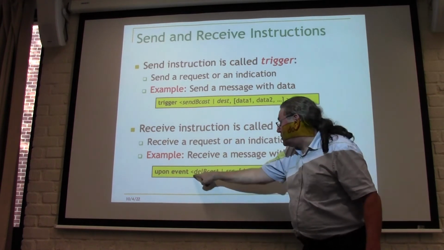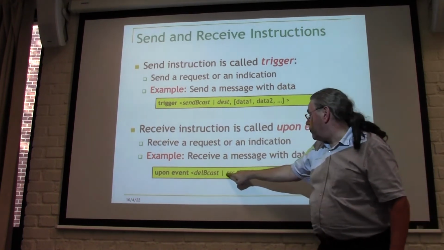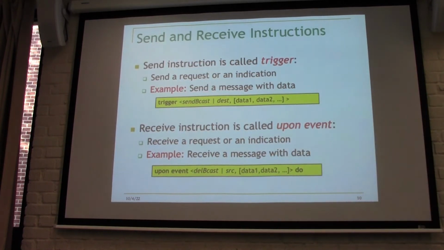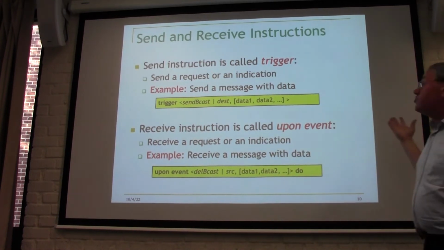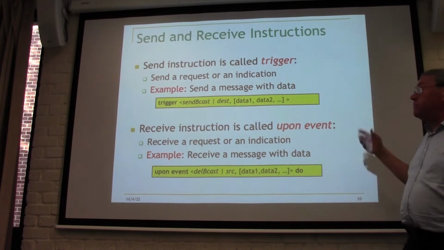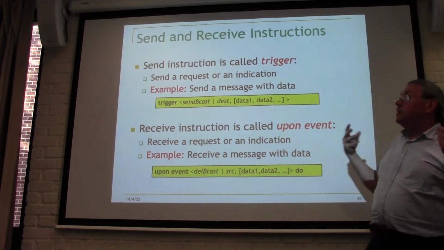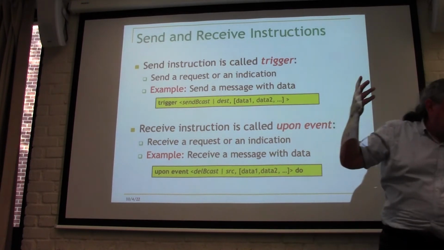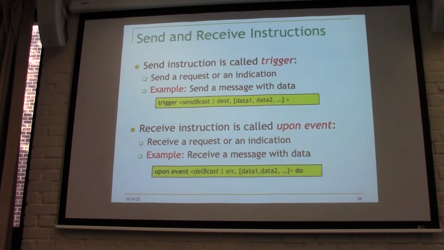And for the received message too, there's going to be a bunch of things in there. So I'm not going to be worrying about the data structures. I'm going to assume any data structure I need is available. If I need a set, I have a set. If I need a list, I have a list. If I need a record, I have a record. Okay? Because it's pseudocode. Pseudocode is easy.